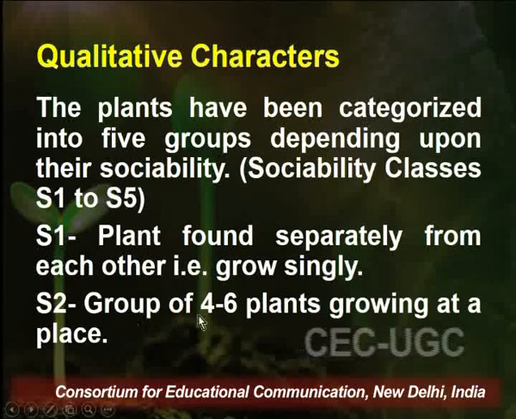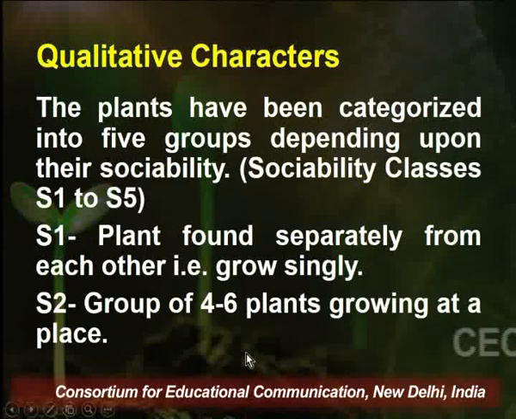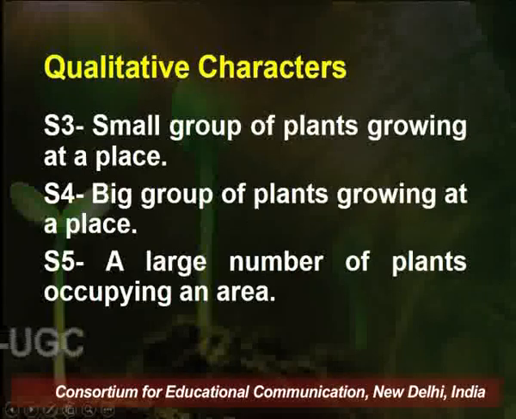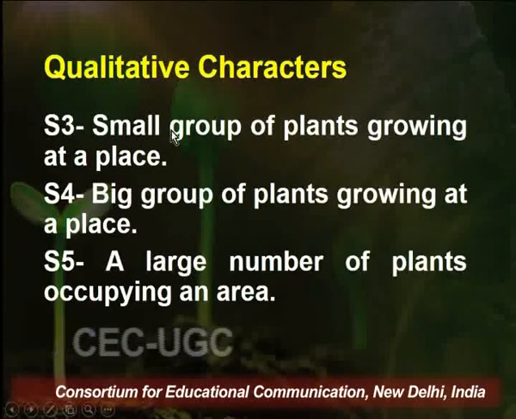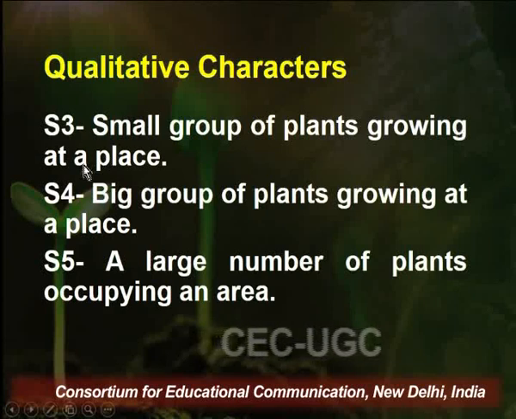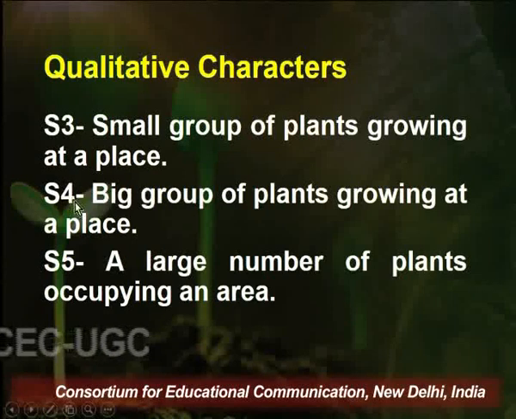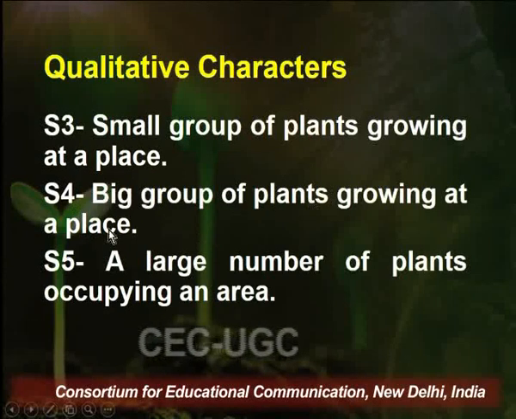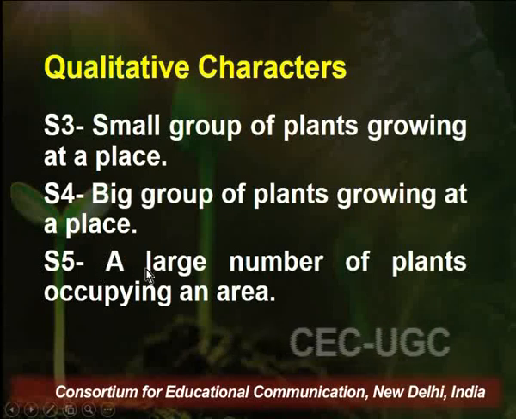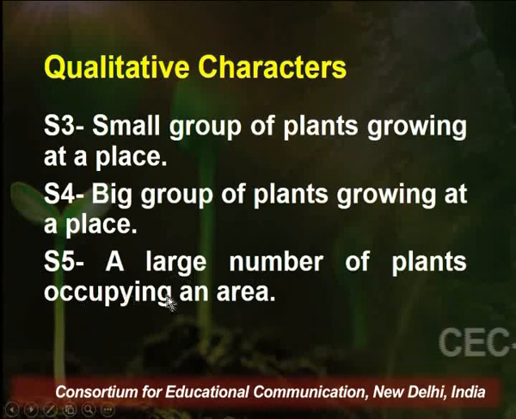S2 are the plants that are in groups of 4 to 6, growing together in a place. S3 is a small group of plants growing at a place, the number being more than 5. In S4, the big group of plants growing at a place, and S5 is the one where a large number of plants occupy an area and interact with each other.